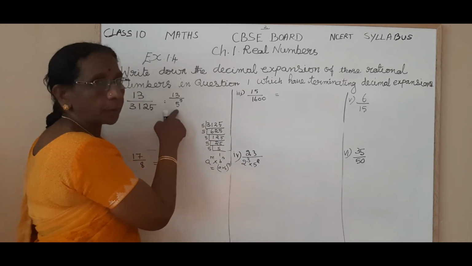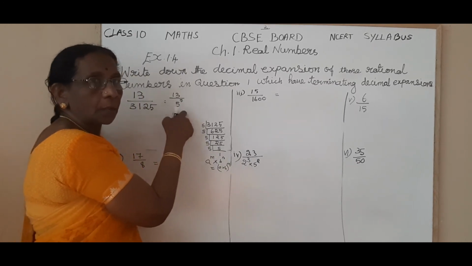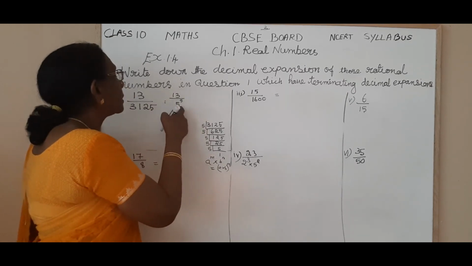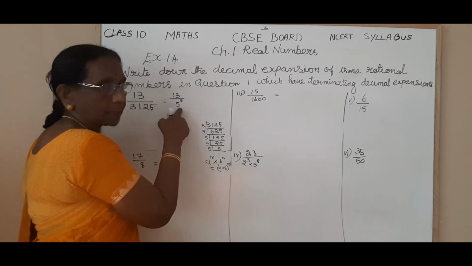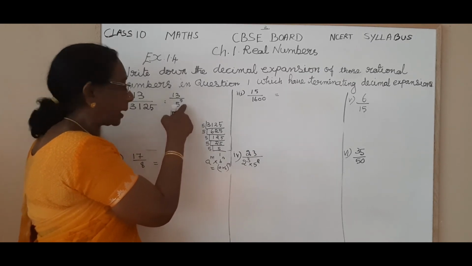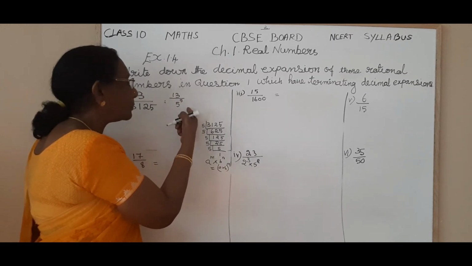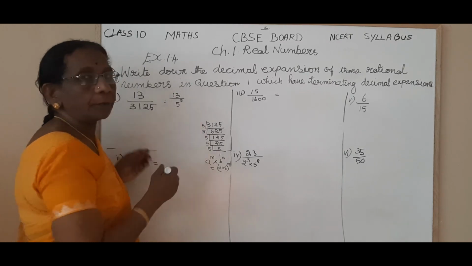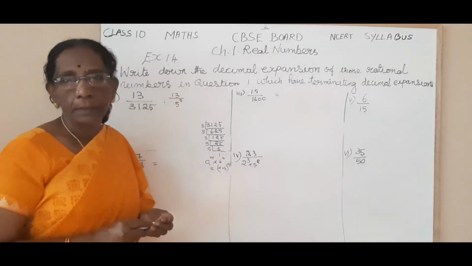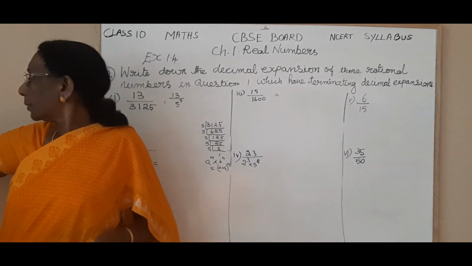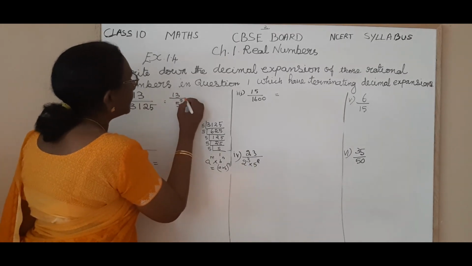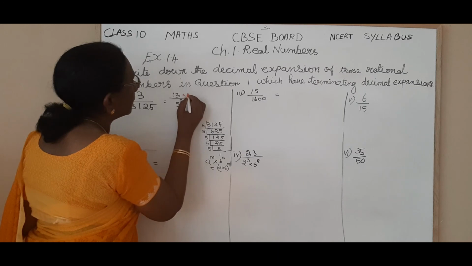So if you have 2 to the power 5, the powers will be the same, and the denominator will become 10 to the power 5. To make it 10 to the power 5, you should multiply the denominator by 2 to the power 5. In the same way, you have to multiply the numerator also by 2 to the power 5. Then only the value of the rational number will not change. Otherwise, the value will change. So you multiply the numerator and the denominator by 2 to the power 5.